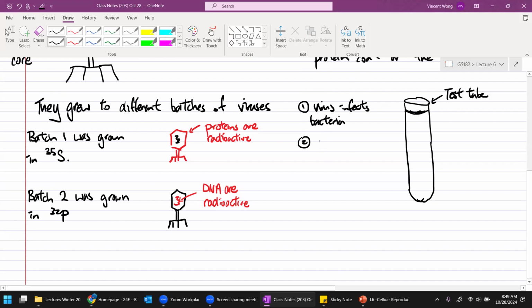Number two, separates. Again, to centrifuge something is just to spin it at really high speed.